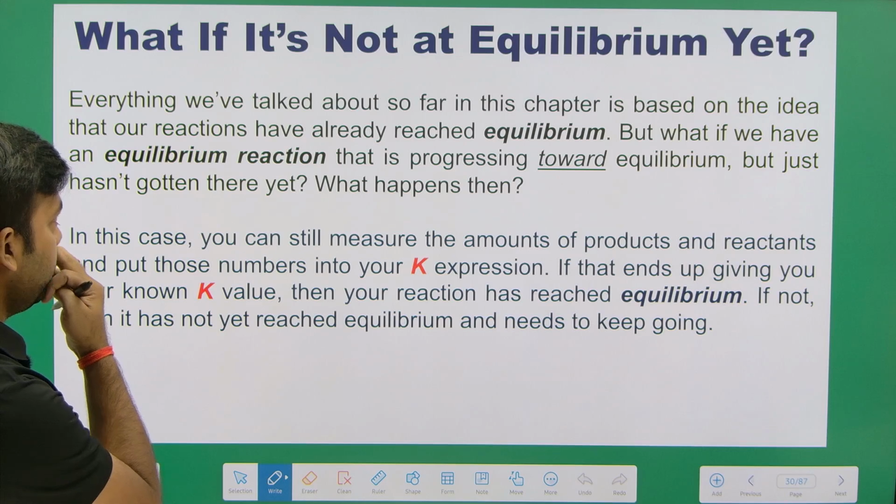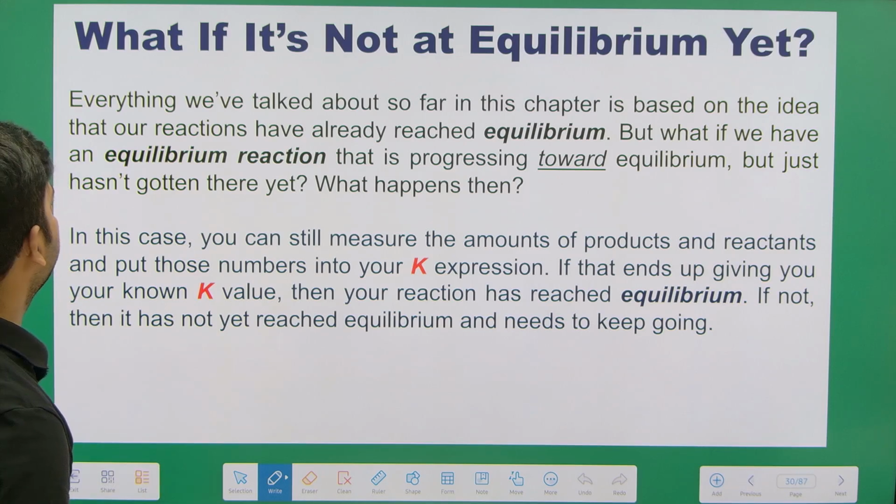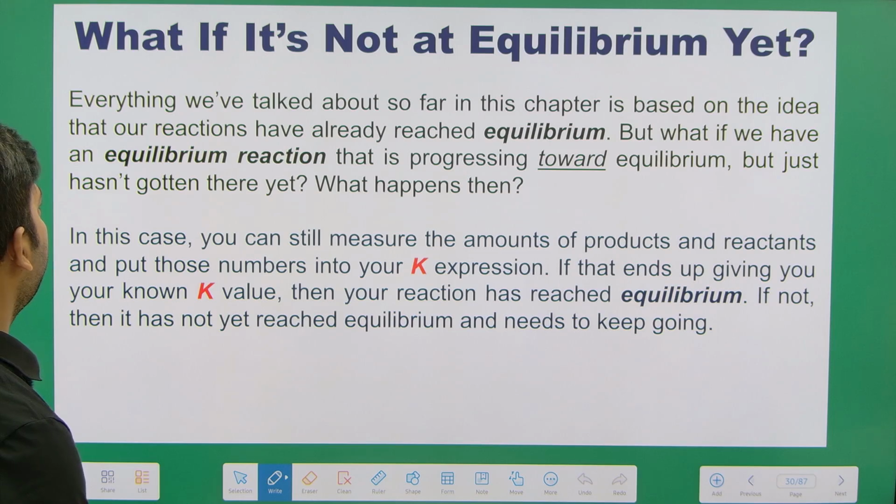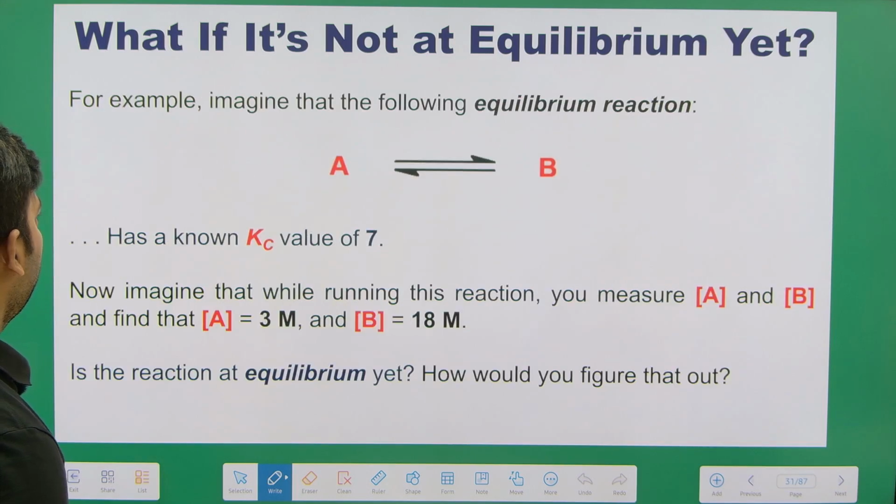What if it's not at equilibrium yet? Everything we talked about so far is based on the idea that the reaction has already reached equilibrium, but if the reaction is progressing towards equilibrium and just has not gotten there yet, what happens? Here is a question. Imagine that the following equilibrium has a Kc value of 7.